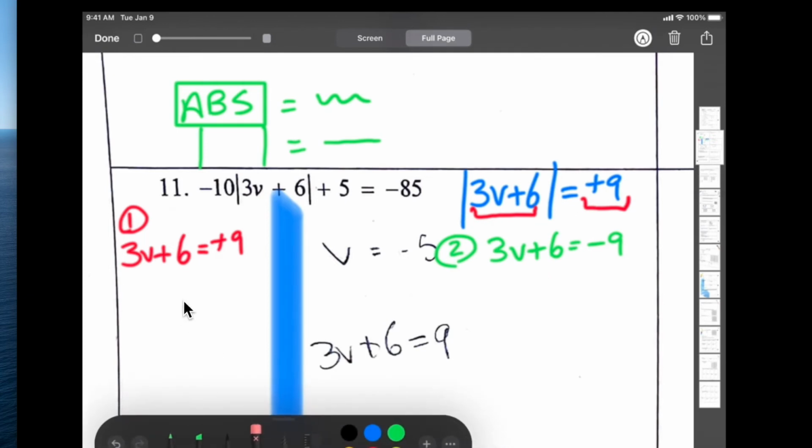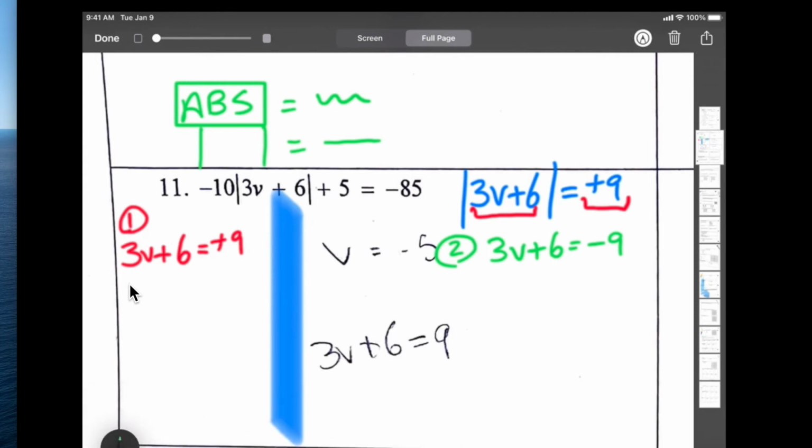Okay, so here we go, folks. We're trying to solve for v. Is v by itself? The answer is no. It has two neighbors. One, the 3, is multiplied by the v. It's in tight. The other one is plus 6. This is easier to get rid of first. How do we get rid of that? To me, the easiest thing to do is to put a box around it and its sign, move it to the other side of the equation, and change the sign.